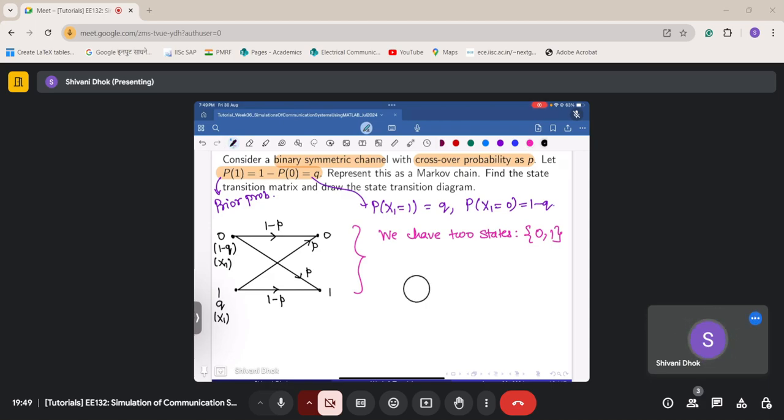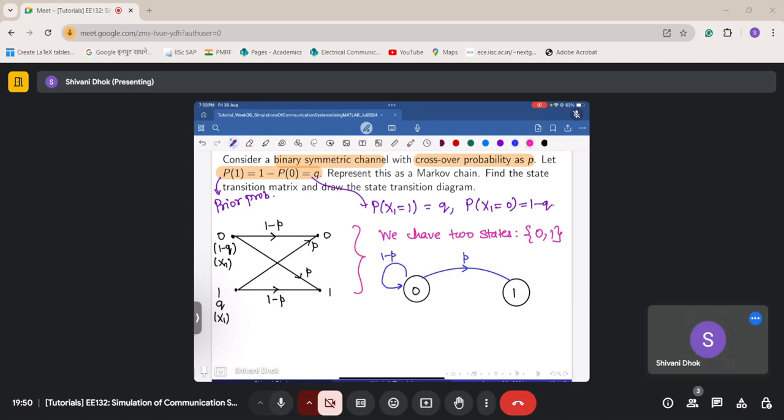So we have a state 0 and a state 1. Now we go from state 0 to state 1 with probability p. Given you are at state 0, you go to state 1 with probability p, and you remain at state 0 with probability 1 minus p.